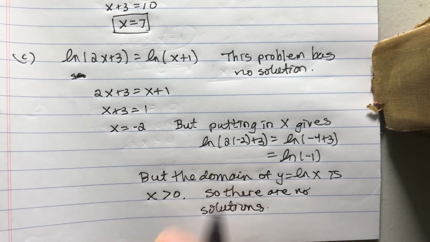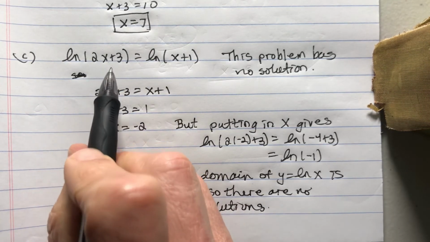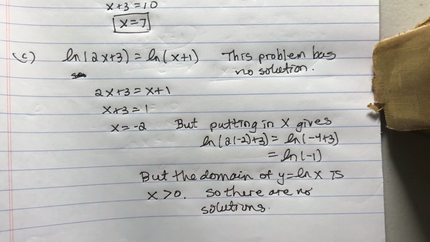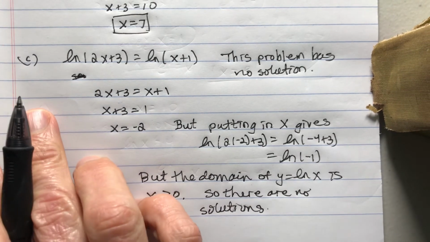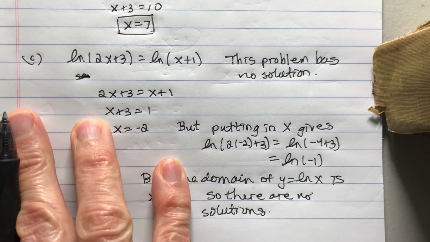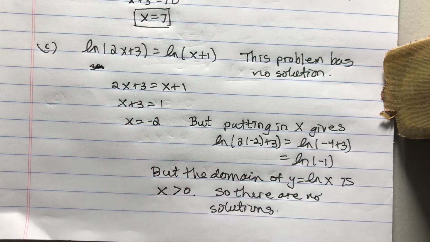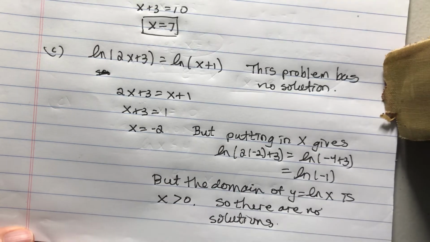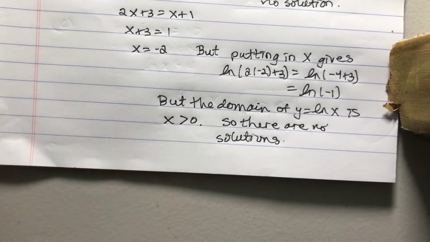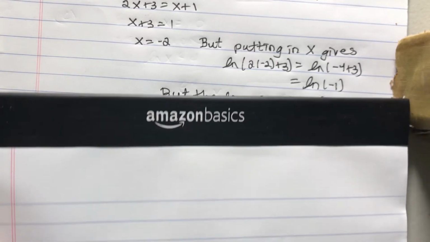And it's not just that you get a negative, it's after you put it in and evaluate. For 2x plus 3, we got negative 1, and that's, of course, a negative number. So you can't have ln of a negative number. That's why these particular ones are a little bit more tricky with logarithms. You have to check your answer once you're done, which isn't the worst thing, but it's just one more step you have to do.